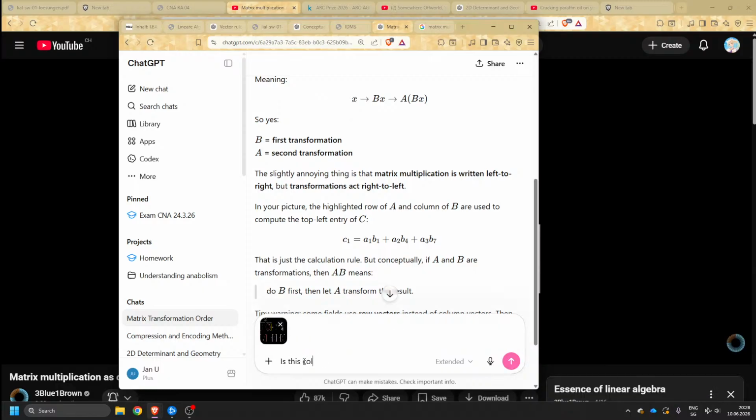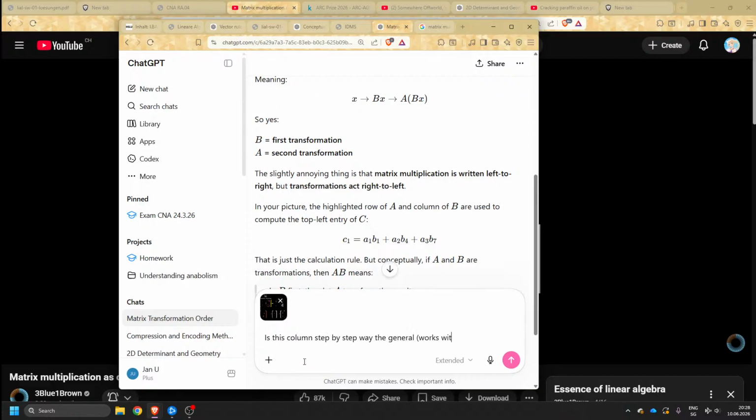Is this step by step way the general case that works with any matrix, or is this way and the one above a 3 by 3 simplification that just so happens to be shorter?